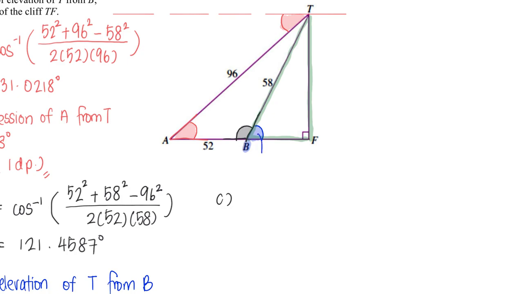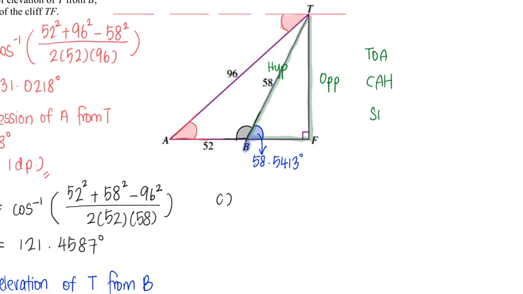Since we already got this, I'm going to write it down: 58.5413, and I have my 58. I'm required to find TF, which is my opposite side. 58 is my hypotenuse.